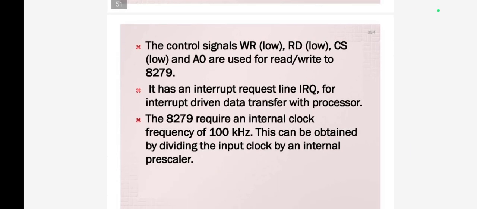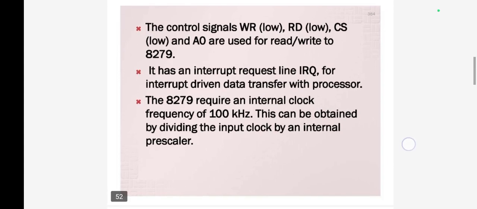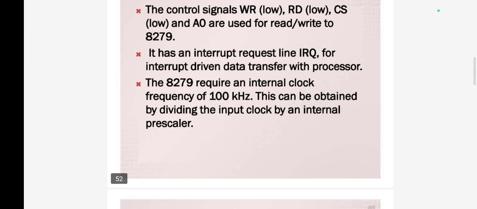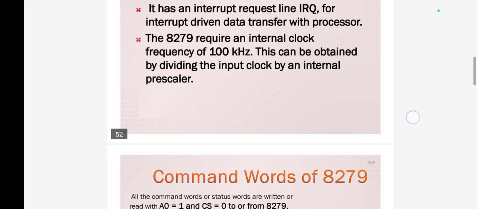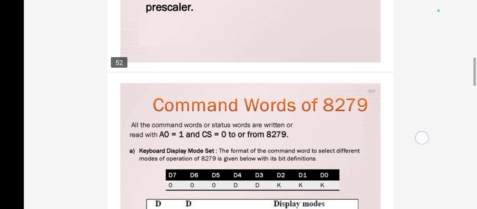The control signals write bar and read bar, the chip select CS bar and A0 are used for read and write to 8279. It has an interrupt request line IRQ for interrupt driven data transfer with the microprocessor. The 8279 requires an internal clock frequency of 100 kHz. This can be obtained by dividing the input clock by an internal prescaler.